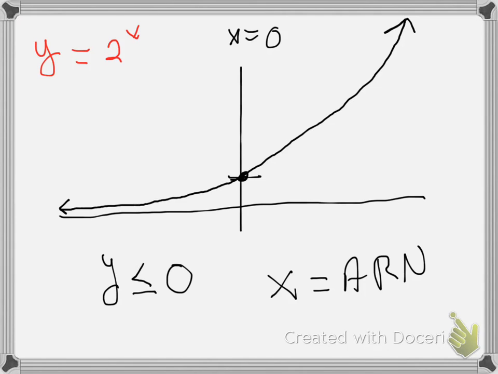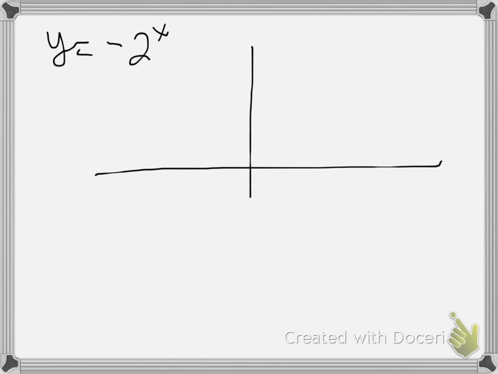Now, all of our transformations really do apply to this. For example, if I had y equals negative 2 to the x power, well, it's going to look like that. It's going to be flipped over the x-axis.